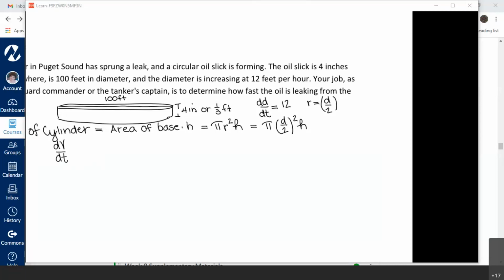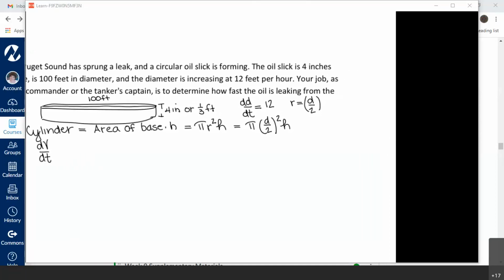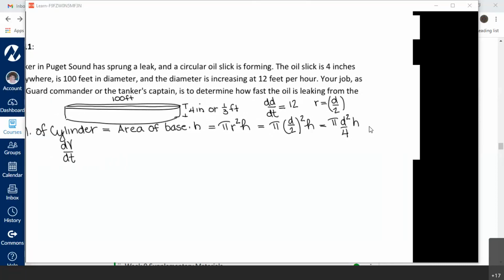Okay, so if you take a look at this, this simplifies a bit. This will give me pi times d squared over 4, right? What did I just do? I squared the d and I squared the 2 times height.